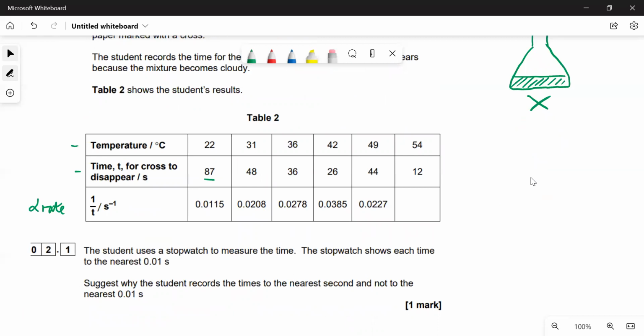The stopwatch shows each time to the nearest 0.01, but why does the student only record it to the nearest second? Well, that is because of a person's reaction time; you can't realistically justify measuring it to 100th of a second or even a 10th of a second. 1 second is the closest you can say, really.